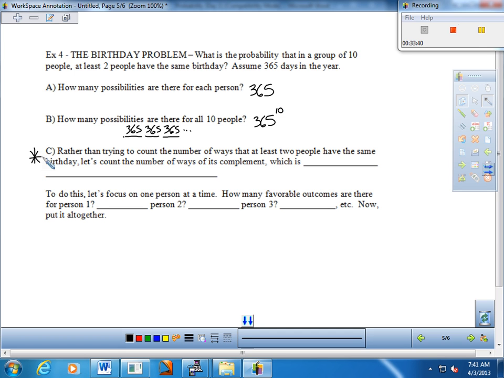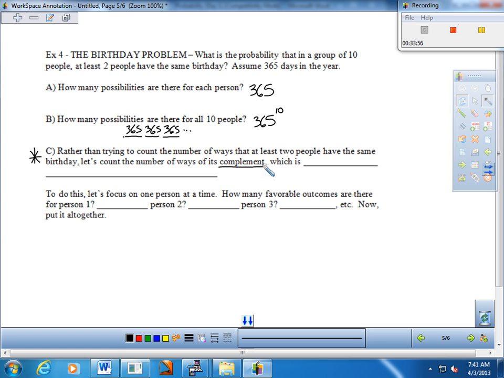We're going to take a look at it from a different perspective. So letter C, it says, rather than trying to count the number of ways that at least 2 people have the same birthday, let's count the number of ways of its, what's called its complement. Now the complement is basically the opposite of that event occurring. We saw this before, I think, when we worked with Venn diagrams.